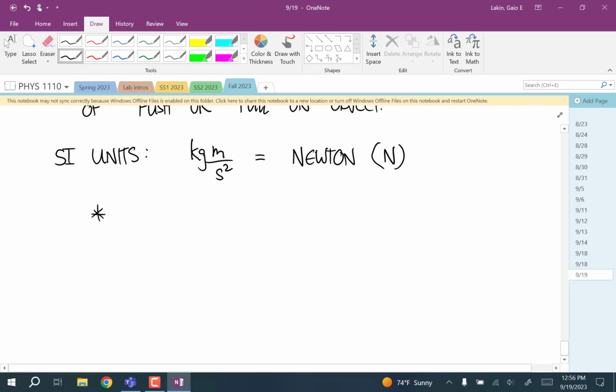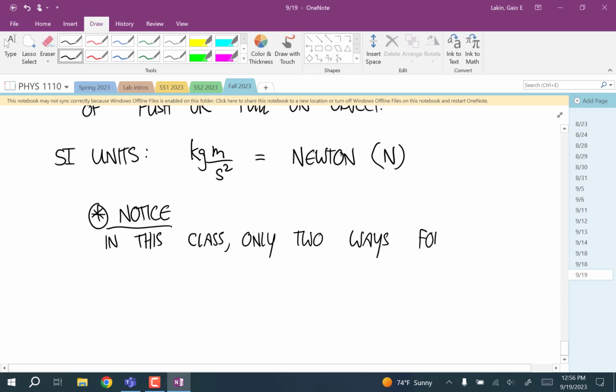And the thing I want you to keep in mind about forces is that in this class, there are only two ways forces can be applied to an object. The first is the weight.